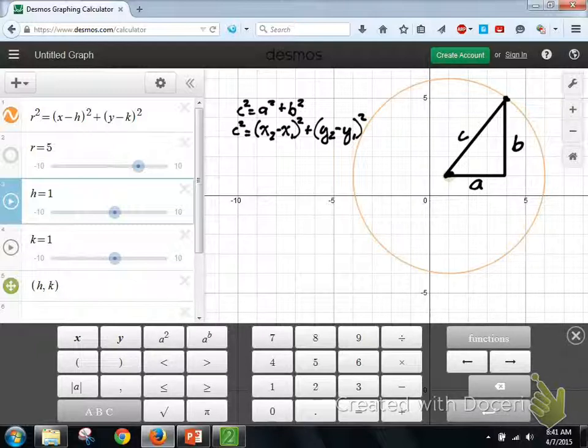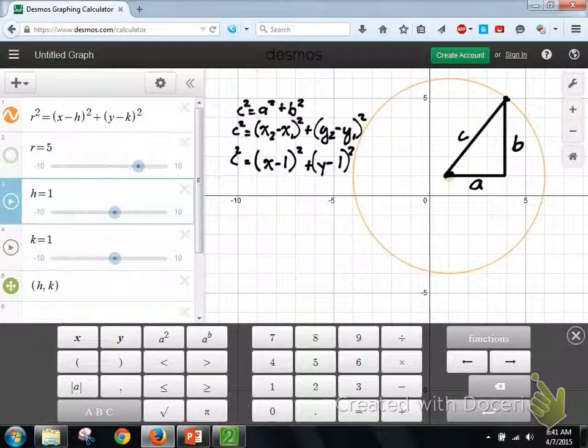So these could be my x2s and y2s, but my center will always be consistent no matter what point I pick. So I'm going to replace x1 and y1 with my center, so c squared is equal to (x minus 1) squared plus (y minus 1) squared.